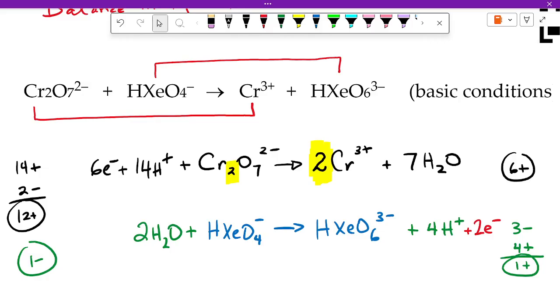And you can tell me if I did it wrong, because it's possible I did. You got something different for which one? The first one or the second one? The chromium or the xenon? Okay.